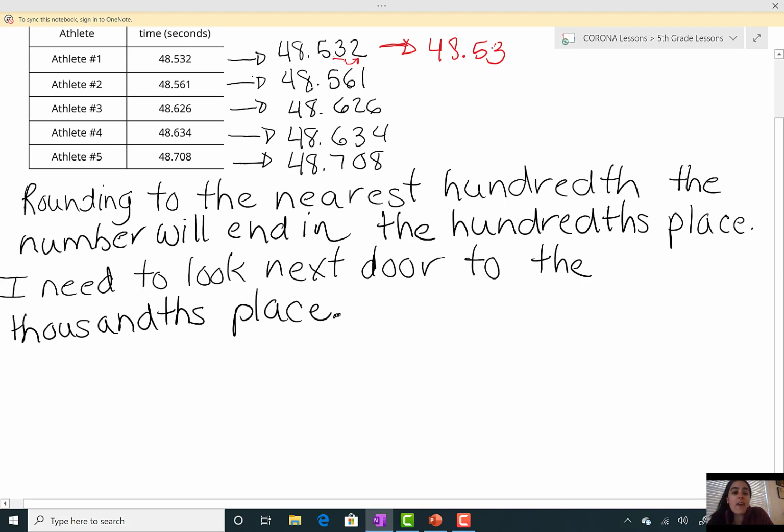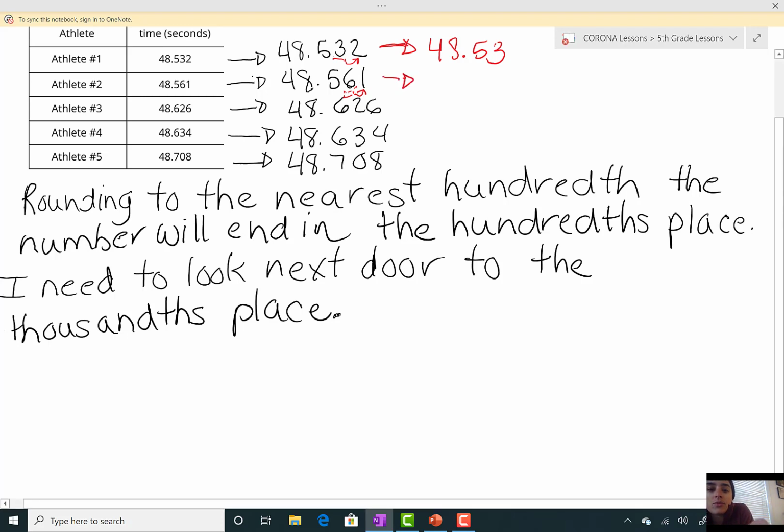Athlete 2, if I'm looking in the hundredths place, I see there is a 6. If I look next door, I see there is a 1 in the thousandths place. So that 6 is not going to round up because of the 1.